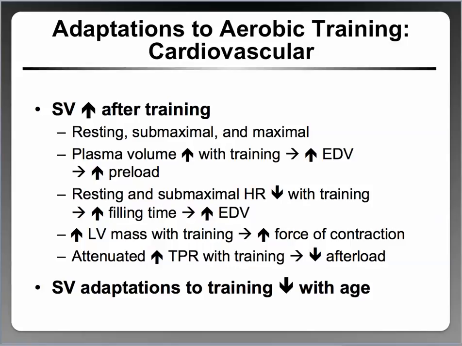And then on the back end, you have a decrease in the amount of resistance that you're trying to pump that blood through. So you have less total peripheral resistance to push against. So it makes it easier to push the blood out to the body. And this is called afterload. So there's a decrease in afterload.